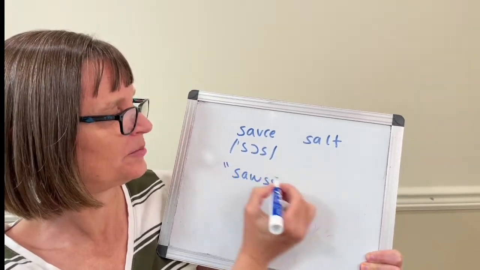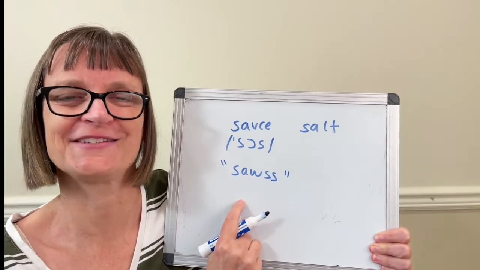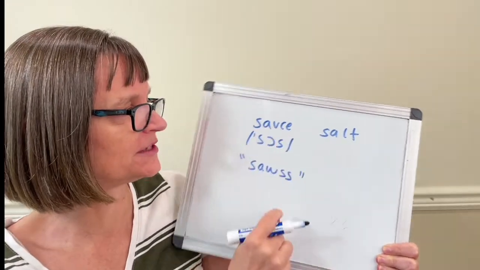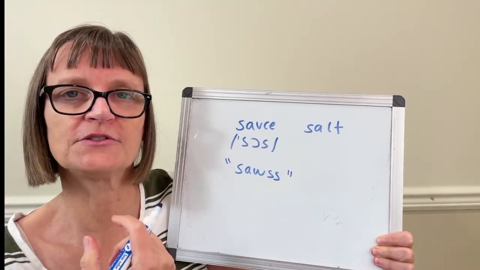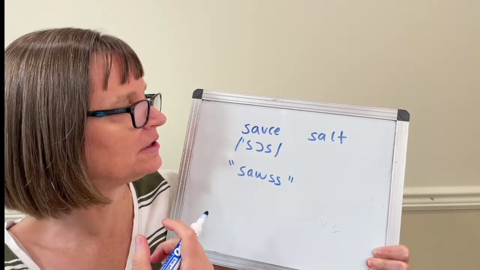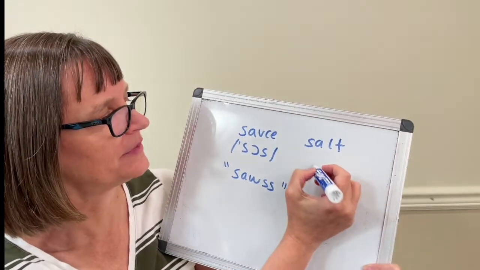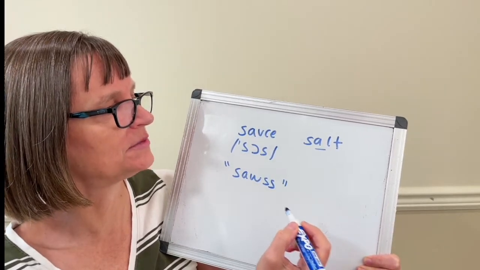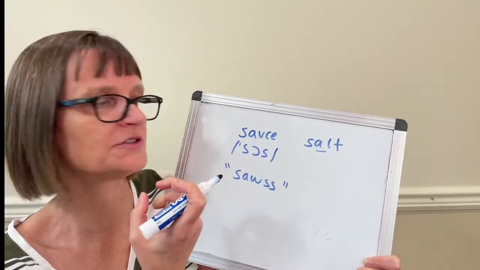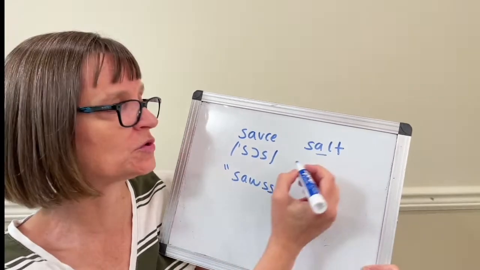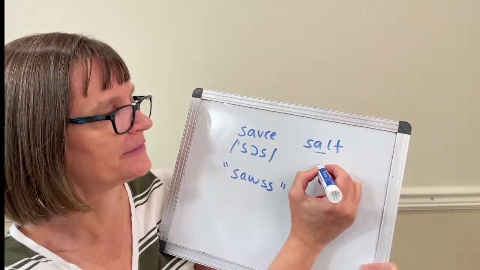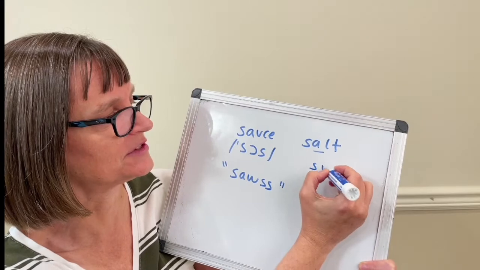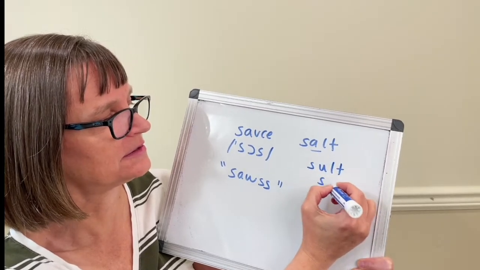I'm putting two S's here because if I put one S, it would sound like saws, but it's not voiced there. Salt, we don't really say salt with the aw. We use more of a schwa, salt. So it sounds kind of like this, salt.